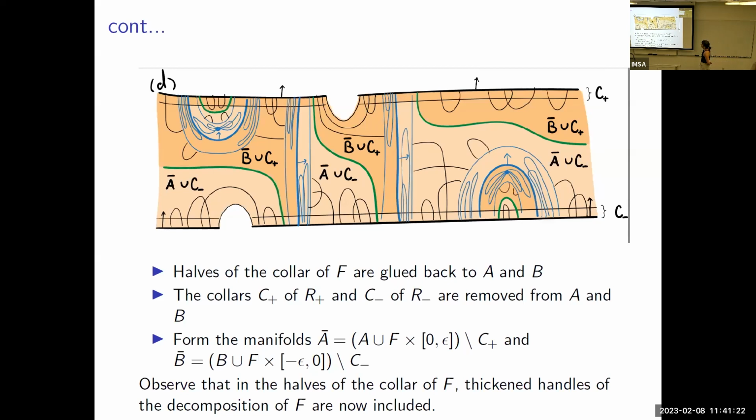Does that have to do with some interaction between the handles? Or? Well, just wondering.